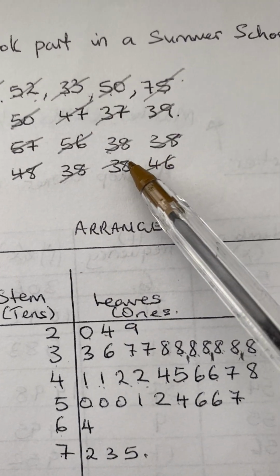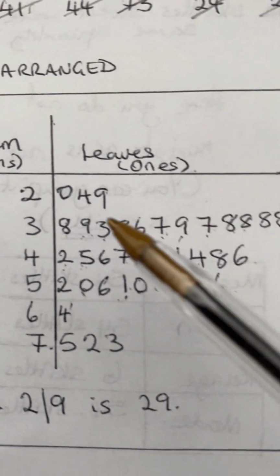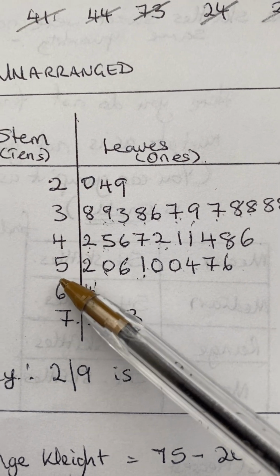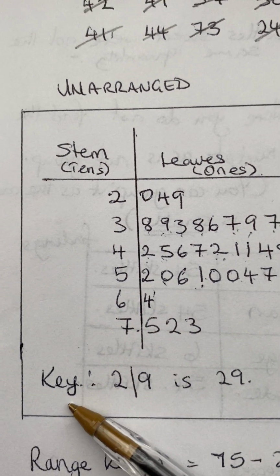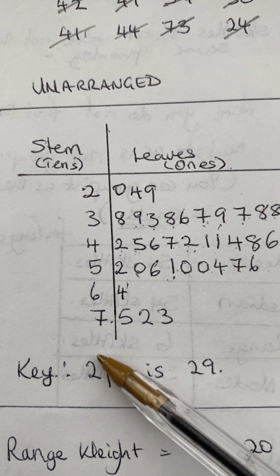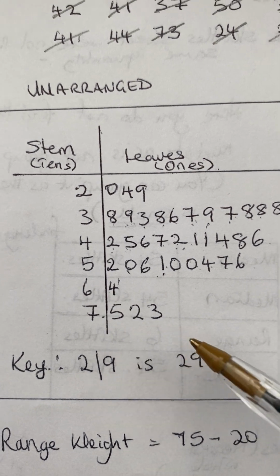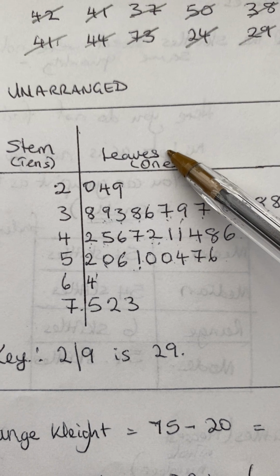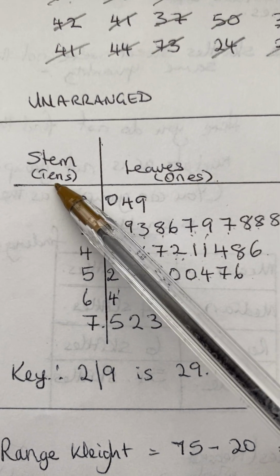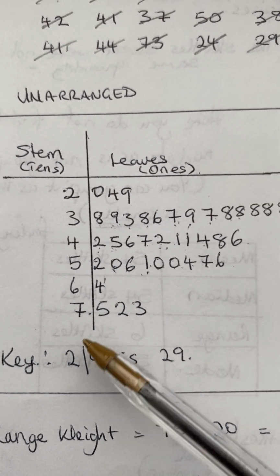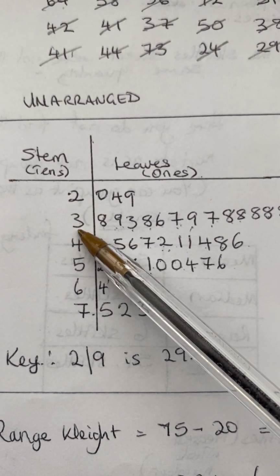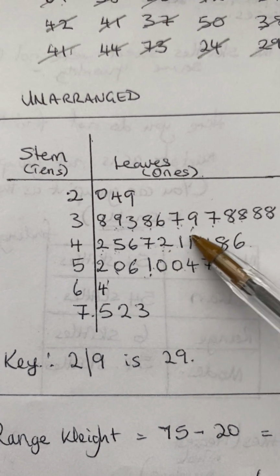So 2, 3, 4, 5, 6, 7, and that's my key. 2 is under the stem, 9 is under the leaves. I just wrote 10s and 1s so that you know that 2 is 20, 3 is 30, and then the leaves.